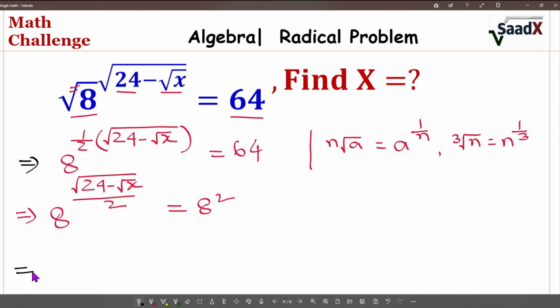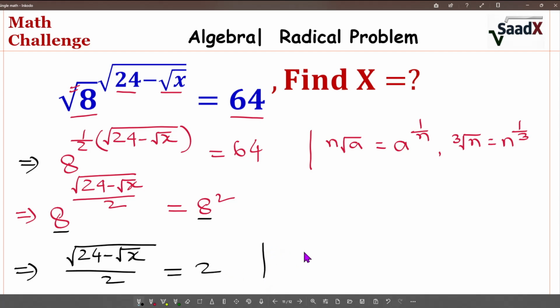Then we know once bases are the same, here is 8, here is 8, at that time the powers will be equal. So it means root 24 minus root x divided by 2 equals 2. How? We know a to the power n equals a to the power m means n equals m.